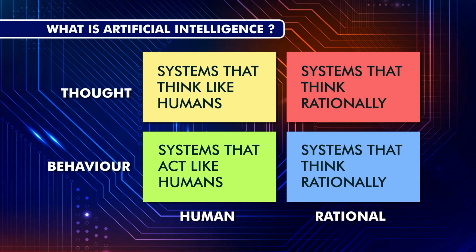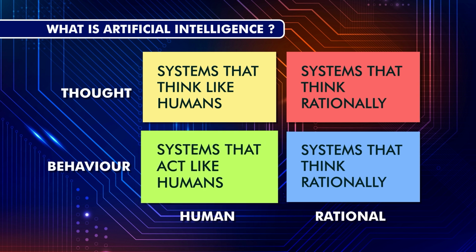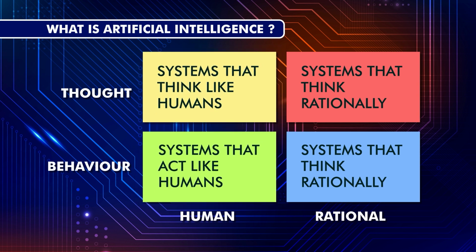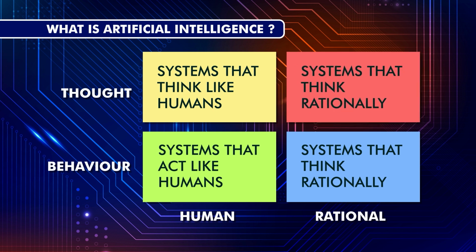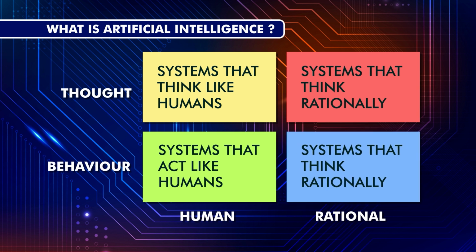Here in this diagram you can see we categorize the human and machine working in 4 categories: systems that think like humans, systems that think rationally, systems that act like humans and systems that act rationally.